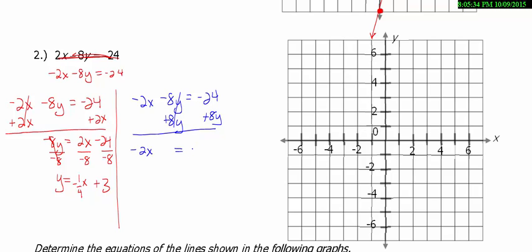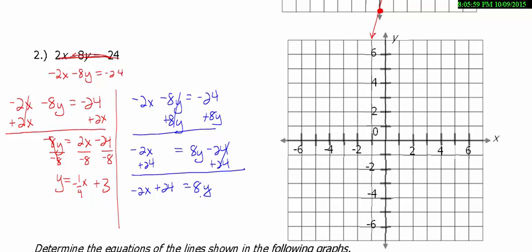And what we're going to have here is 8y first minus 24. And then 24, it is negative. I'm going to add it to both sides, trying to get y isolated. So I am left with negative 2x plus 24. And that is still equal to 8y because the negative and positive 24 did leave us with 0.